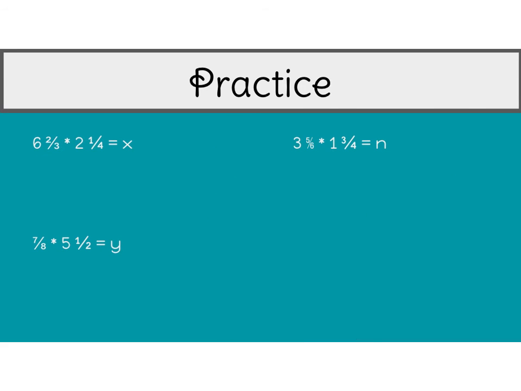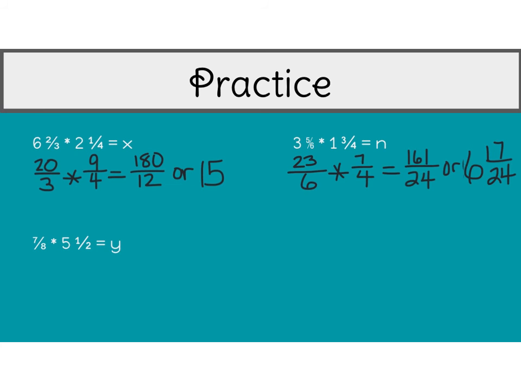Okay, so let's go ahead and do some practice with a few more problems. What I would like for you to do is pause your video and see if you can do this first one yourself, and then we'll do a couple of them together. Or if you want to do all 3, you can try those as well. Okay, so let's take a look at our first problem.